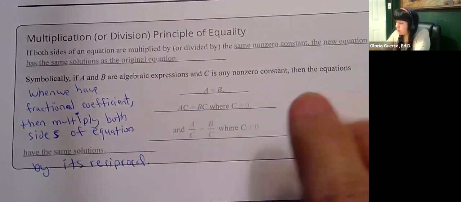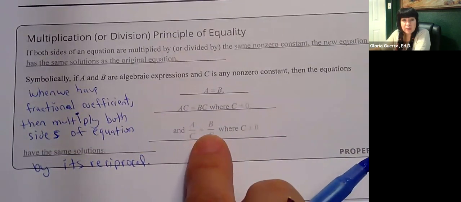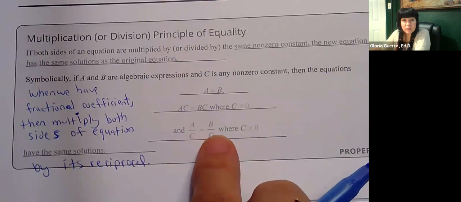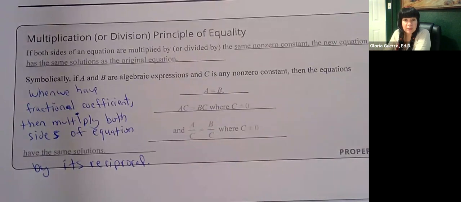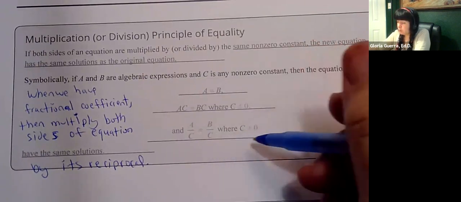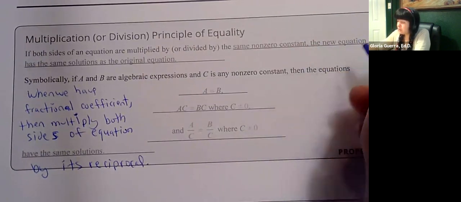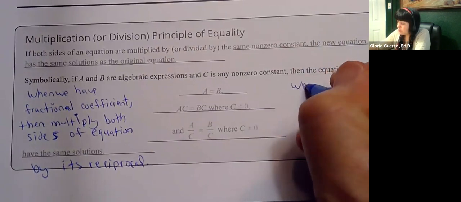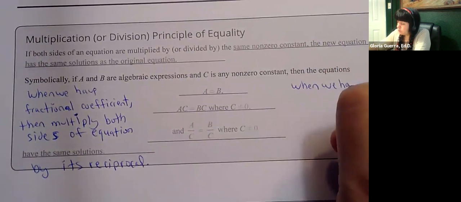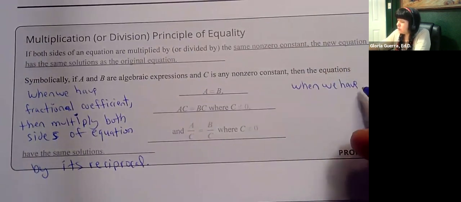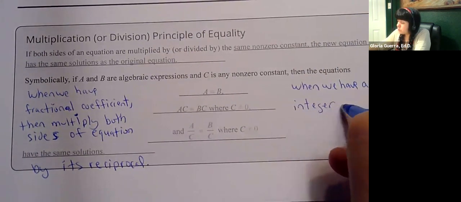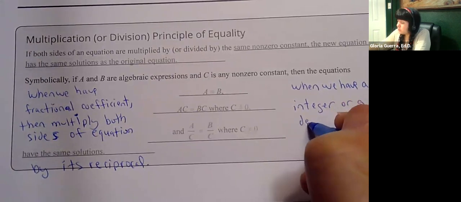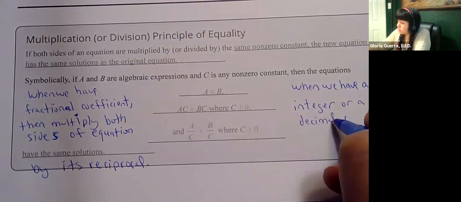And here's the division principle. A divided by C equals B divided by C. So it looks like they're dividing both sides by C. Usually when we divide both sides by the coefficient and use the division principle, that's because we have either an integer or even a decimal coefficient.